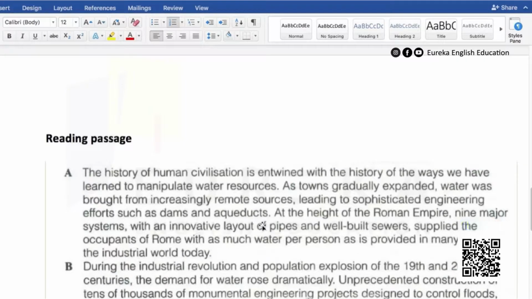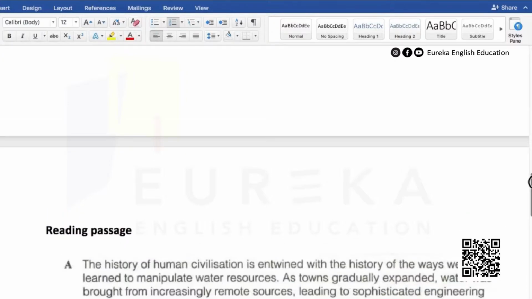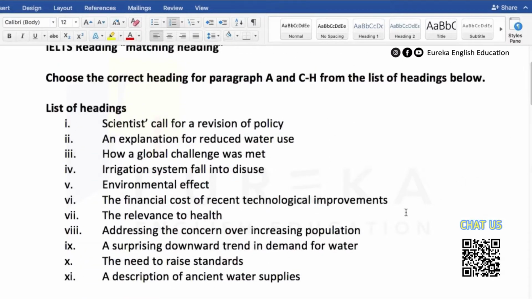So I think it mentions history, water supply, and those kinds of things, and that's the main point we can get from this paragraph. Try to make that summary however you like; you can do it in Bahasa Indonesia as well. Then compare it with all of the headings provided.